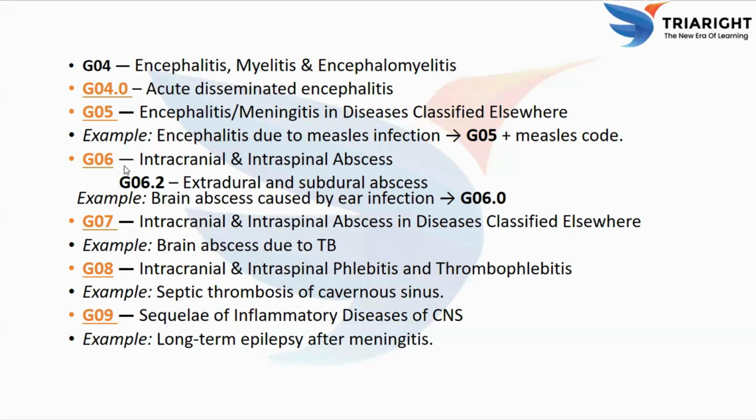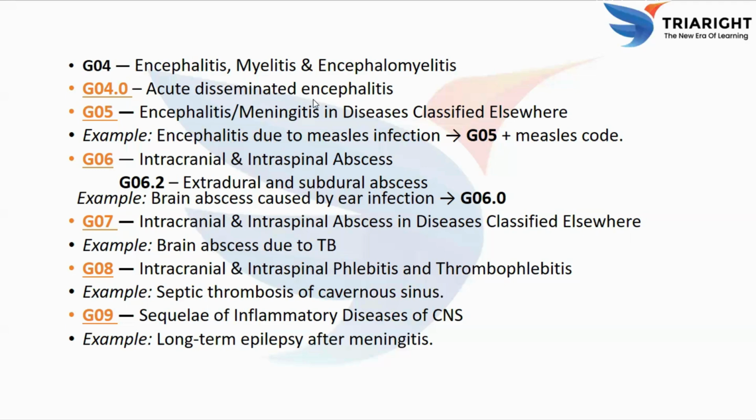So next, G06, what is it? It's an intracranial and intraspinal abscess. These codes cover the pus-filled infections inside the brain and the spinal cord. For example, extradural and subdural abscess, nothing but these abscesses occur outside the brain. Extradural means outside the brain. Subdural means inside the brain, right?